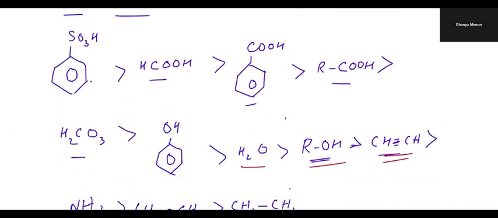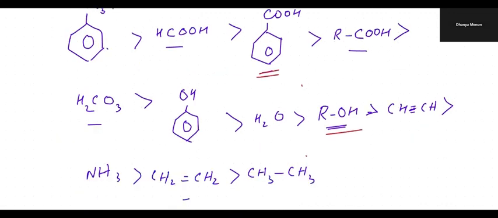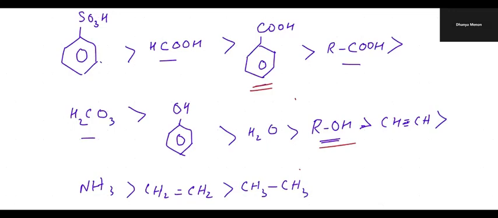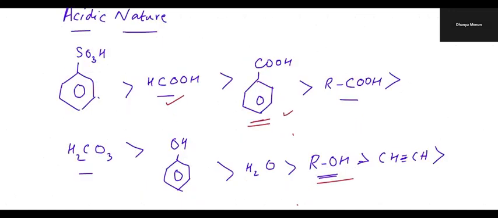If you compare with benzoic acid, formic acid is more acidic. Then next one is benzoic acid. Then acetic acid.